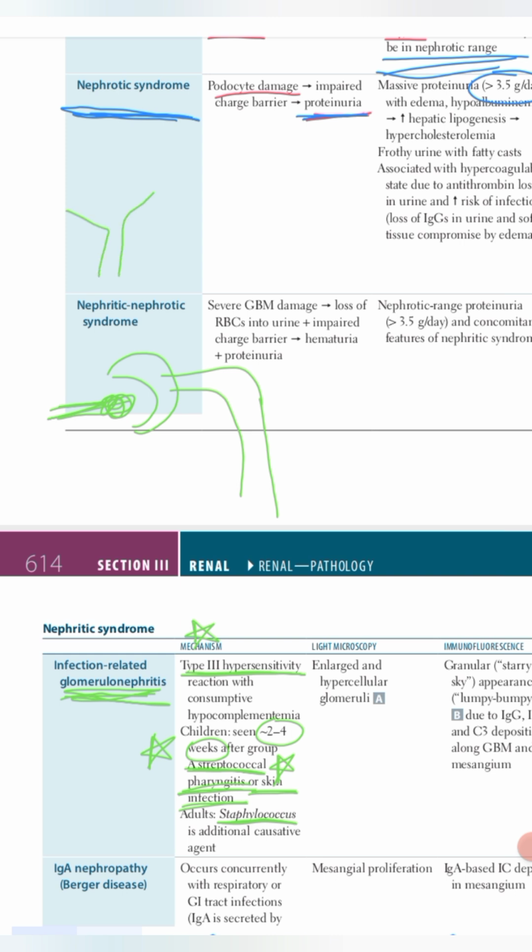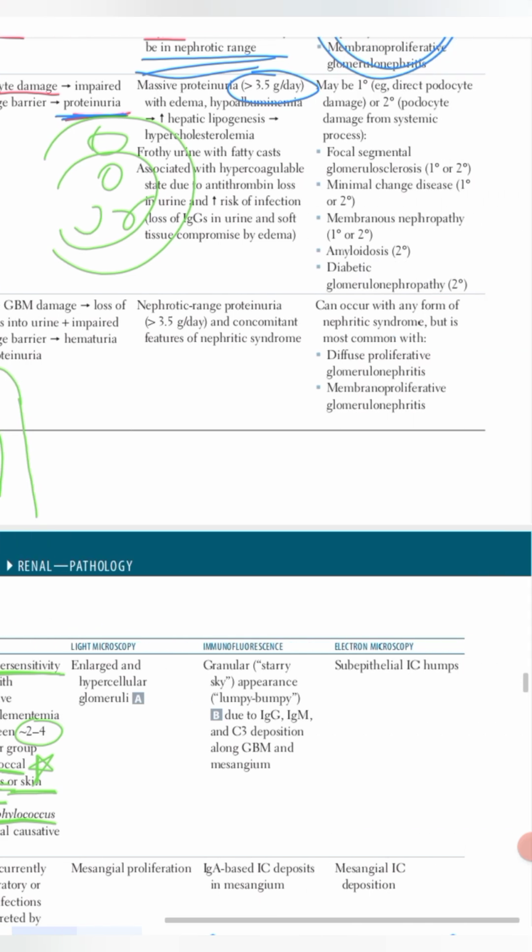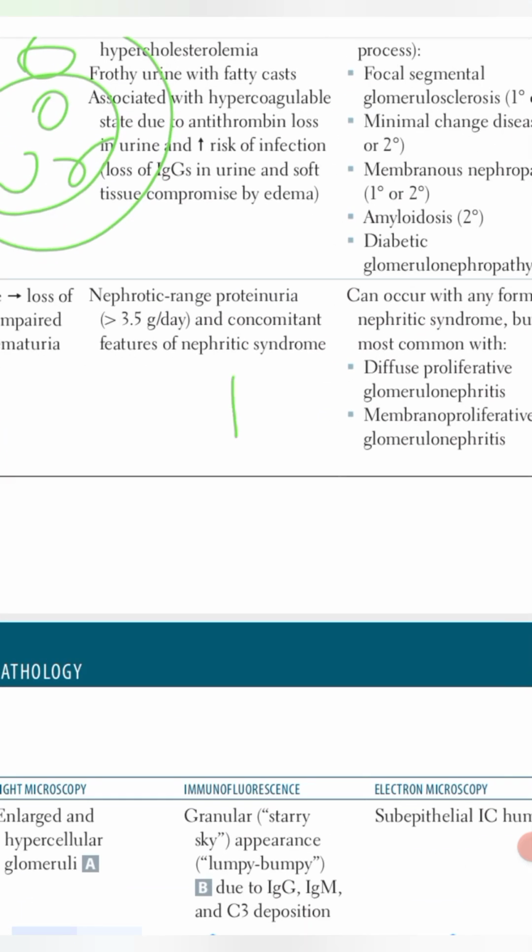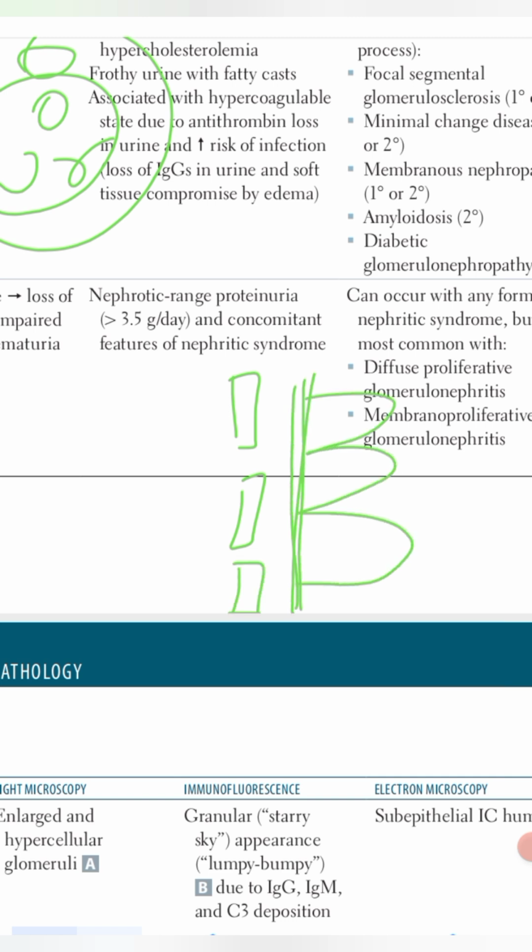So there will be formation of antigen-antibody complexes, and these complexes will go and deposit in our kidneys. We know that the glomerular filtration barrier is made up of endothelial cells, then the basement membrane, and then the podocytes.